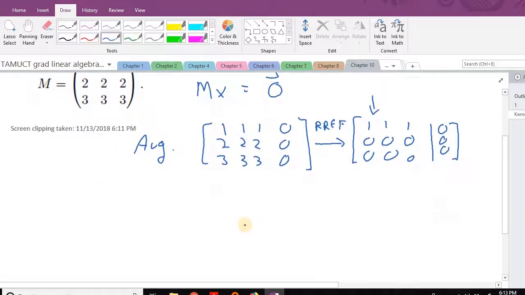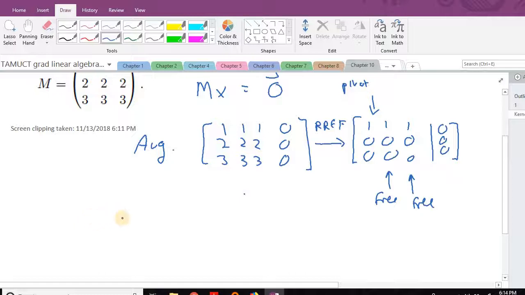Now this is our pivot, and these two are free. That means that the free variables are arbitrary.